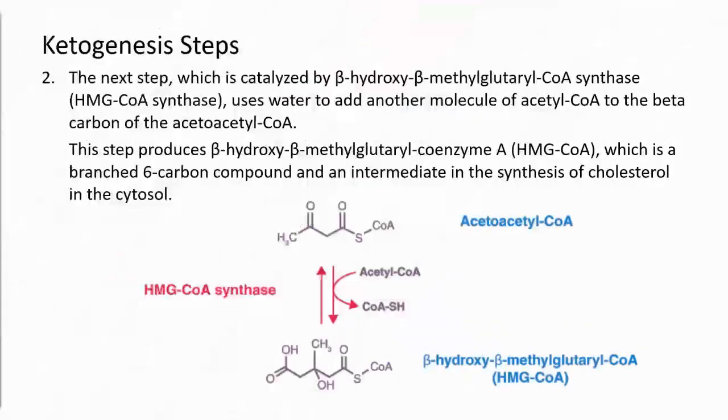Then the second one, this actually produces beta-hydroxy-beta-methylglutaryl coenzyme A from acetyl coenzyme A using HMG-CoA synthase. Okay? So HMG-CoA synthase is actually beta-hydroxy-beta-methylglutaryl CoA synthase.